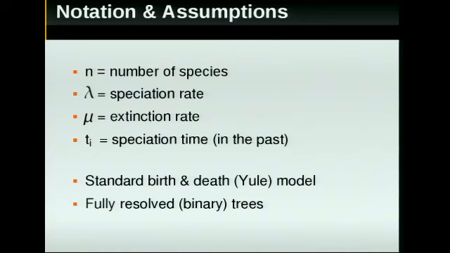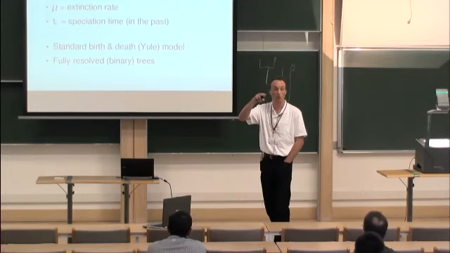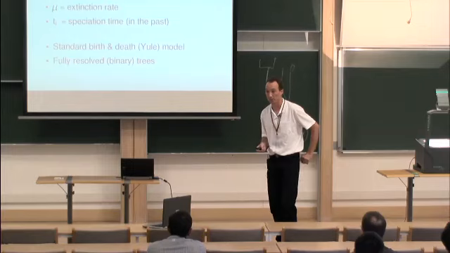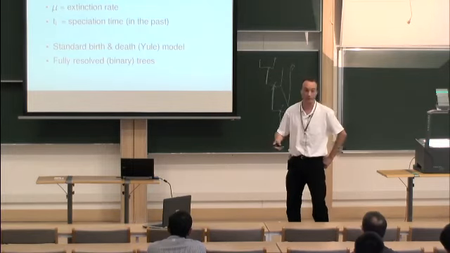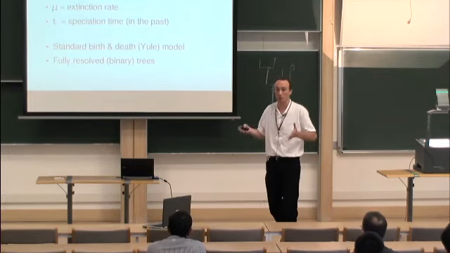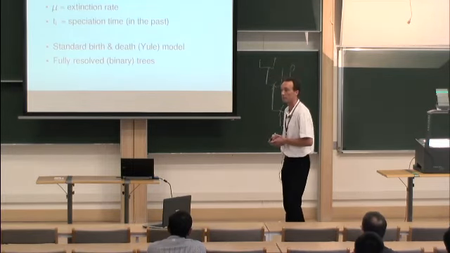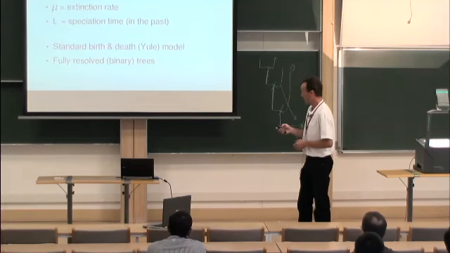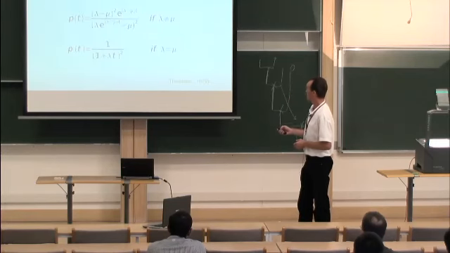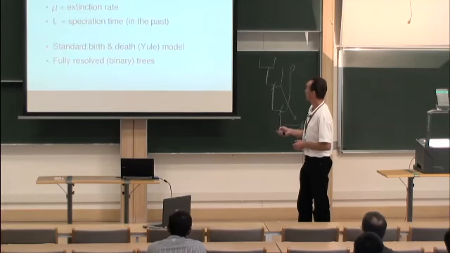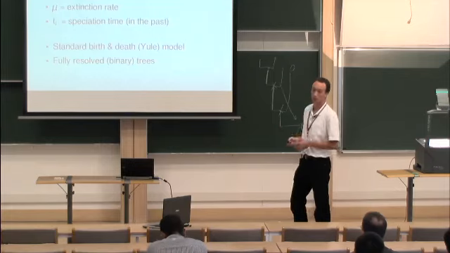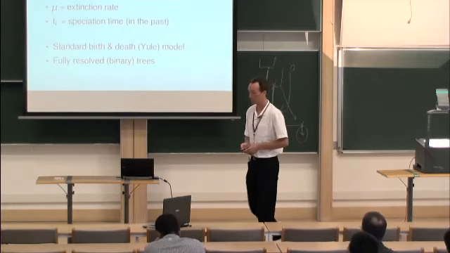I'm also assuming that I have a dated tree, that I actually know where these branchings happen. I'm not going to go into how you get these dates. I'm assuming that I have a dated tree. That's my starting point. We're using a standard birth and death model, and we're also assuming that we have fully resolved binary trees.